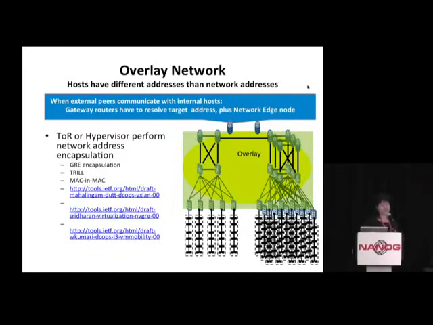But whether you do overlay or not, the hosts in the data center need to communicate with external peers. And somewhere in the data center, there needs to be a place which resolves all those addresses. So overlay doesn't solve the address resolution issues. You still have a bottleneck in the gateway for all the communication with external peers, or from one subnet to another subnet.